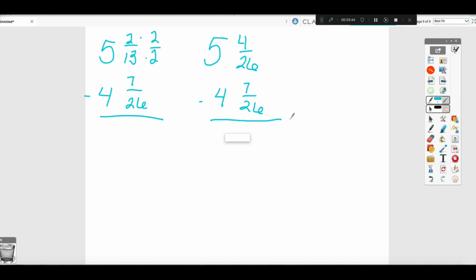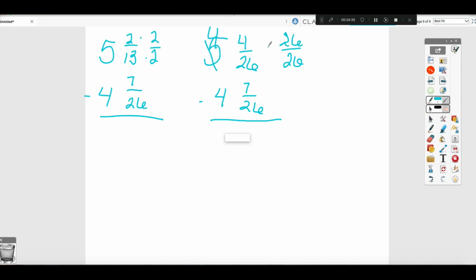If I have 4/26, can I take 7/26 away? No. So I have to borrow from my whole number just like I would on any subtraction problem, and that becomes a 4. How do I add that one whole that I borrowed to my fraction? You guys remember? If I want to write a fraction with 26 as a denominator and represent the whole number 1, what goes on the top? 26.